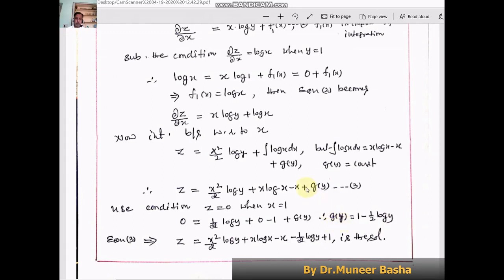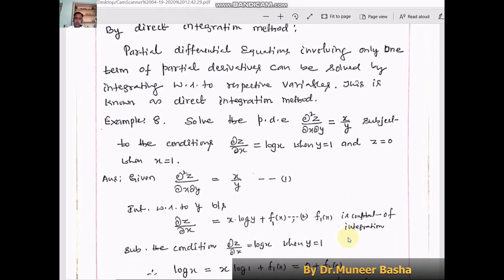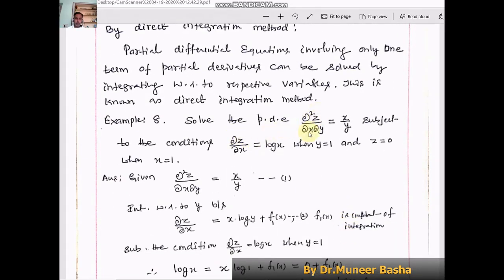Substitute the g(y) value into this equation, then we will get z equals x square by 2 into log y plus x log x minus half log y plus 1. So this is the required solution for the given PDE, ∂²z/∂x∂y is equal to x/y, by the direct integration method.